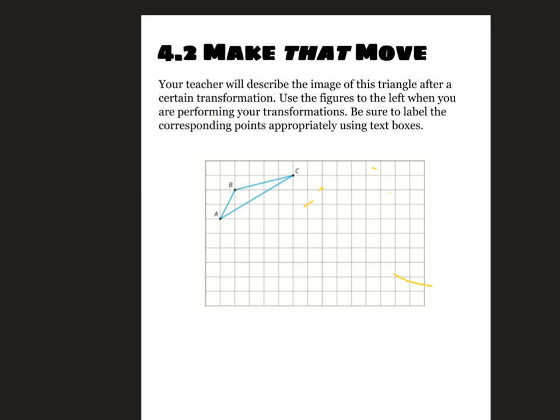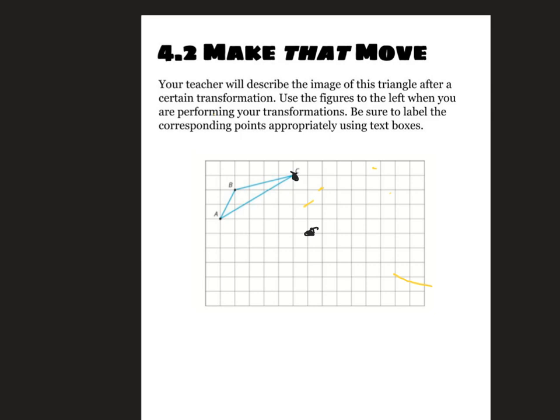Sorry about that, guys. 90 degrees, so this is about 1, 2, 3, 4, and 1, 2, 3, 4. There's that one. And then A is about 2 down, 1 over. So that's about where it is after the rotation.